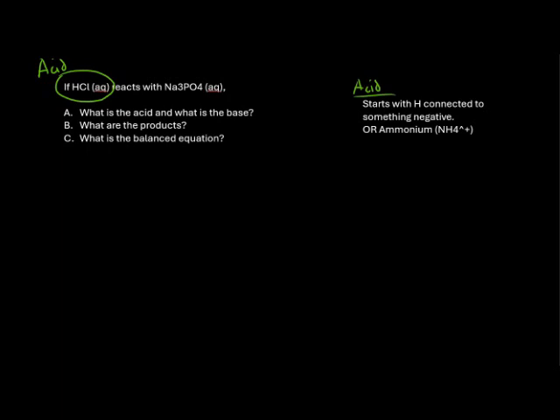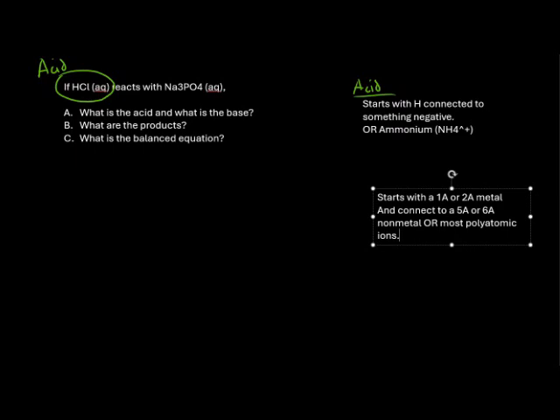For the purposes of Chem 151, you won't need to know that many bases. There are a lot of them out there, but the ones you'll need to know for this course are any that start with a group 1A or 2A metal and are connected to a 5A or 6A nonmetal. However, instead of a 5A or 6A nonmetal, you could also be connected to a polyatomic ion.